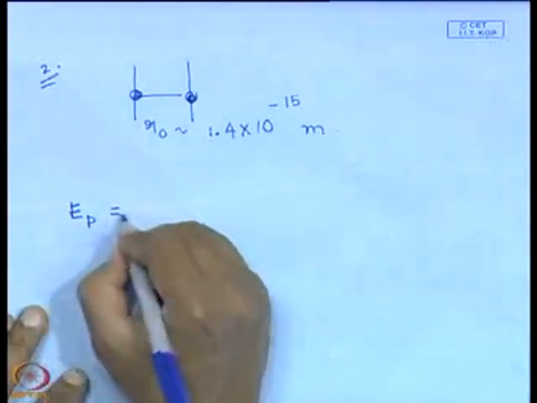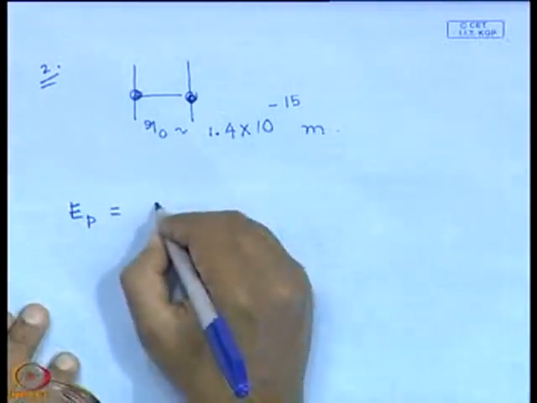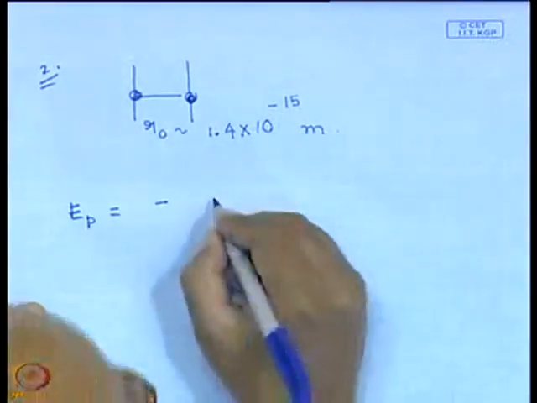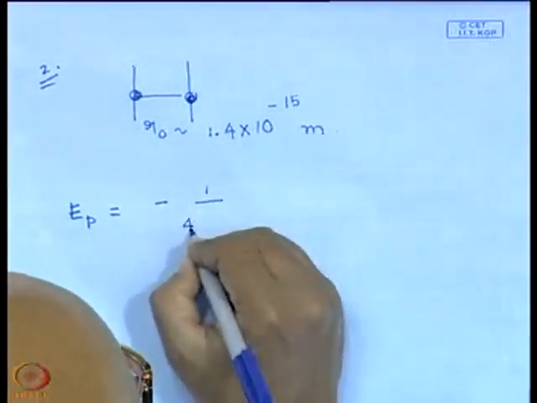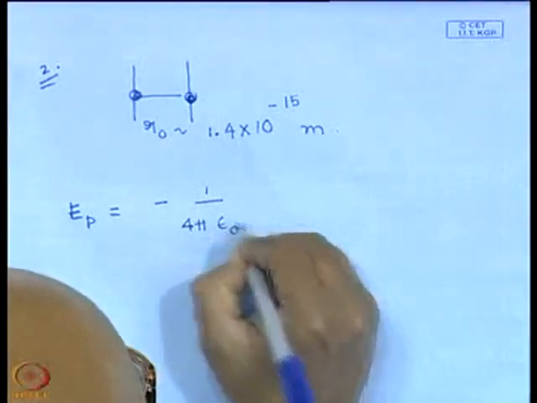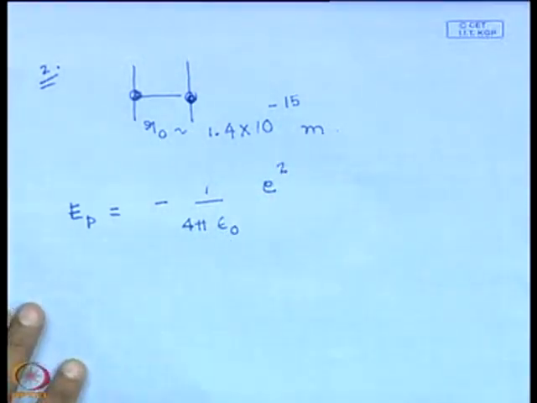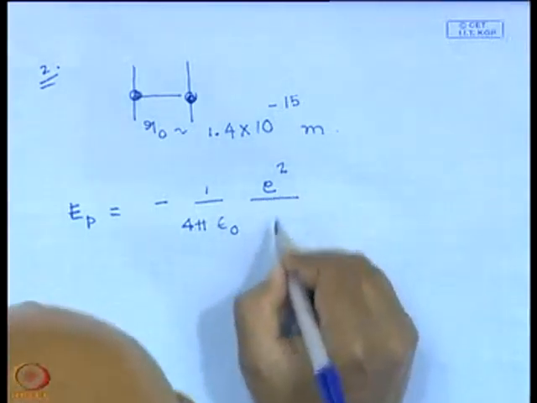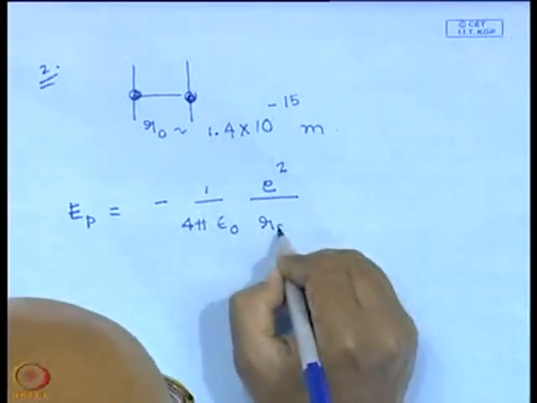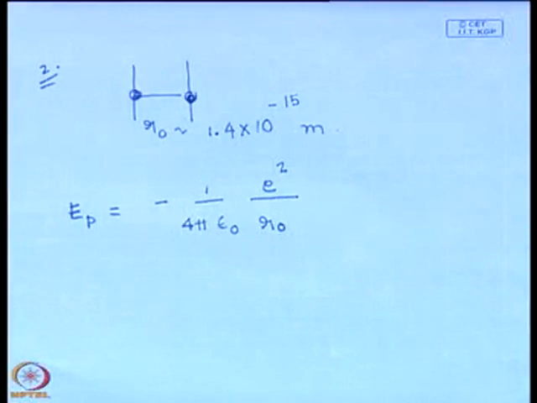The potential energy of such a configuration is 1/(4 pi epsilon_0) times the charge of the proton, which is the same as the charge of the electron, squared, e^2 by r_0.